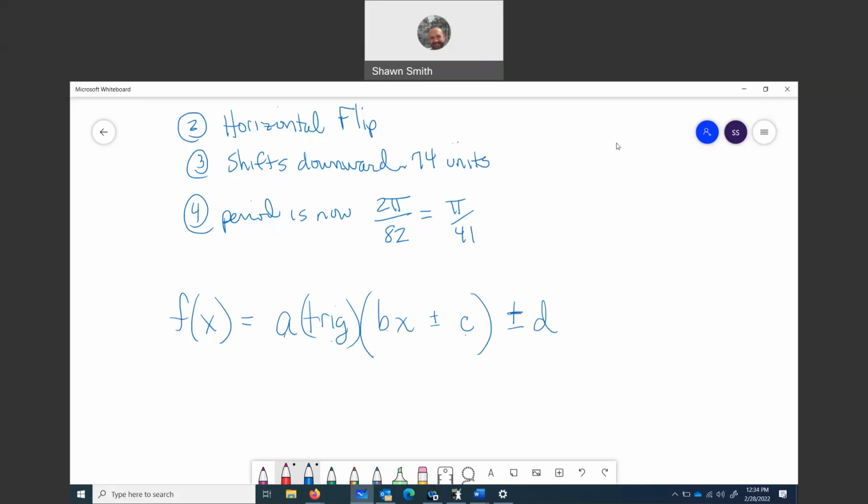This is going to be a horizontal compression or a shift. Think of it that way, or a stretch. So it's actually just going to change and adjust the graph in that period. And then the plus or minus the d, that's your vertical, up or down, right? So this is horizontal shifts.